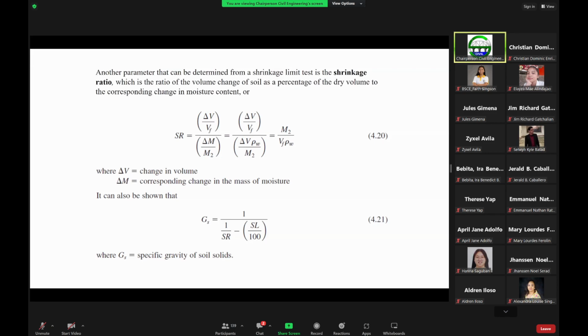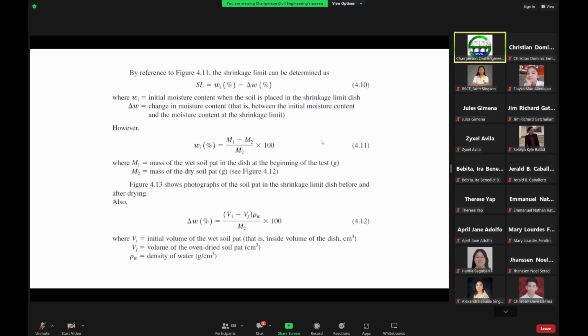But another way of determining the specific gravity is by using this formula here, provided you have an idea of the shrinkage ratio, which is taken from here, as well as the shrinkage limit, which is defined by this formula. So that's another way of determining the specific gravity of your soil material.